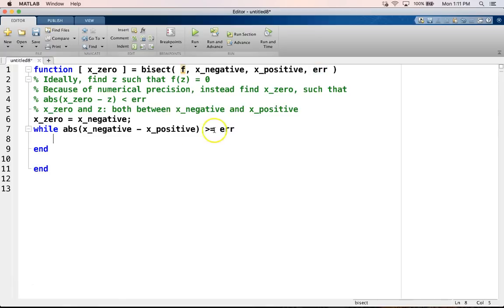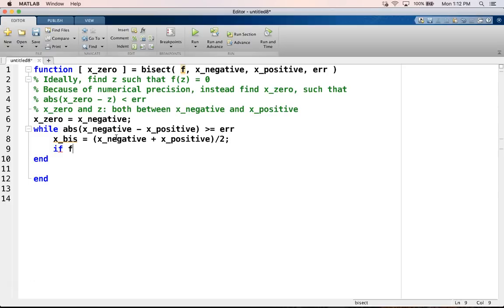And then what do I want to do? I want to cut this interval in half, the interval from x negative to x positive, and I want to replace either x negative or x positive with that new bisected point. Okay, so let's let x bisect equal x negative plus x positive over 2. So this is a point that's exactly halfway between x negative and x positive.